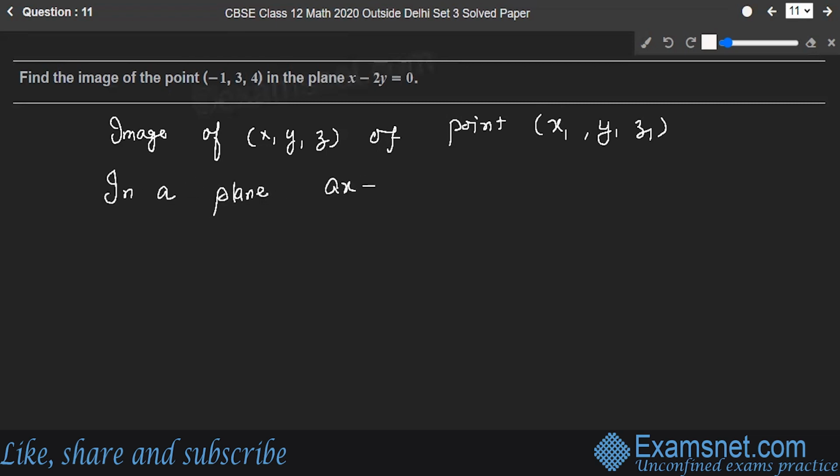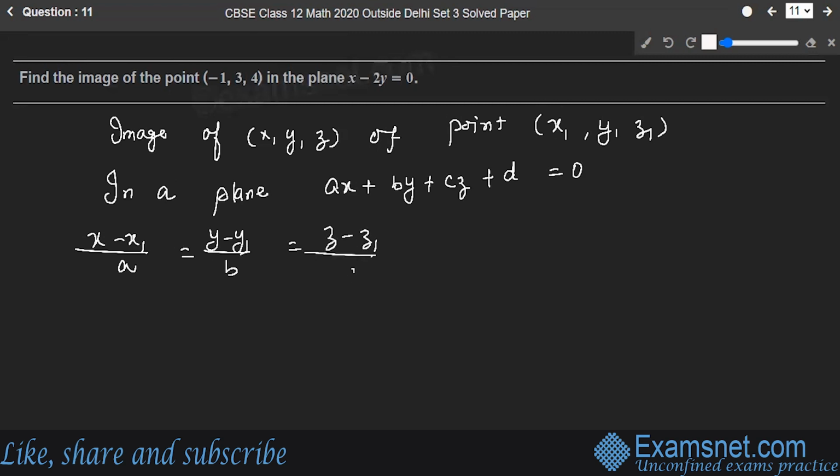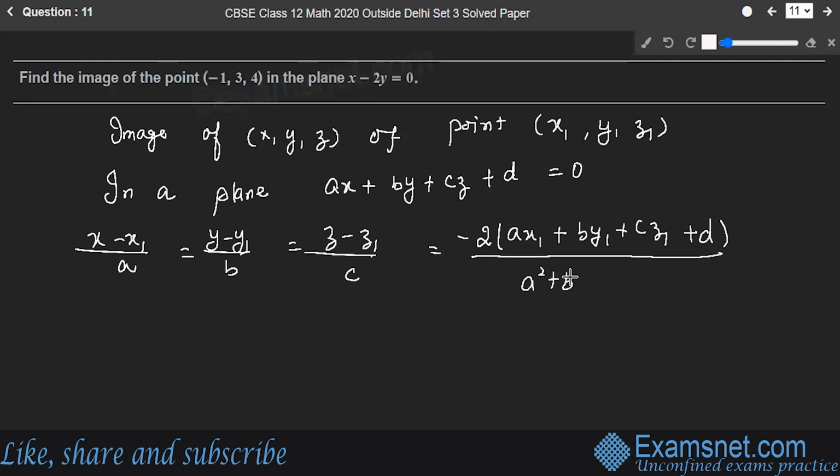in a plane ax plus by plus cz plus t is equal to 0 is given by x minus x1 upon a is equal to y minus y1 upon b is equal to z minus z1 upon c is equal to minus 2 into (ax1 plus by1 plus cz1 plus t) whole divided by a square plus b square plus c square.